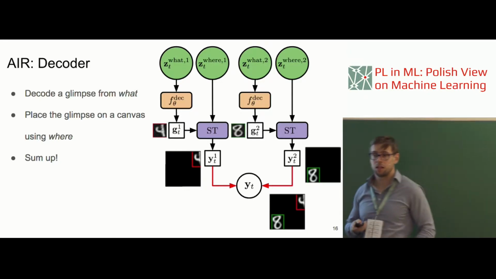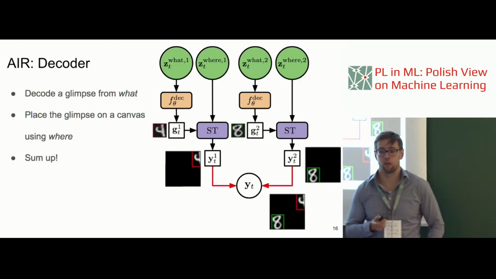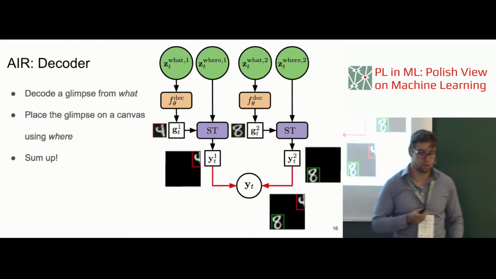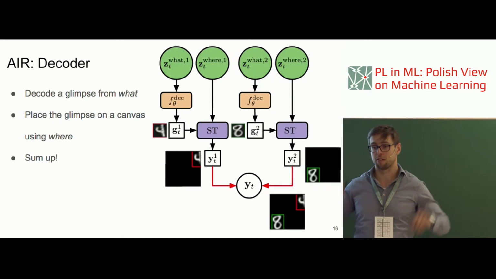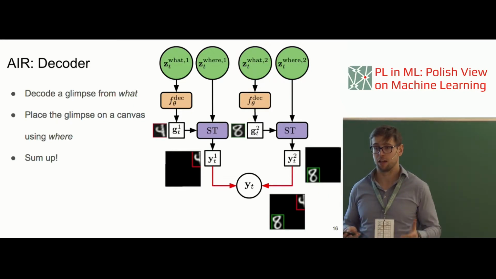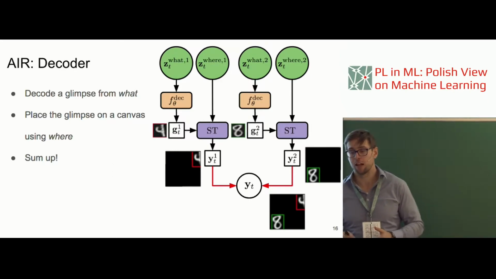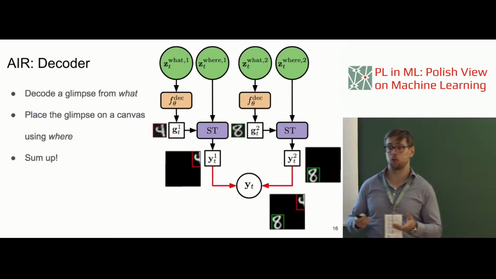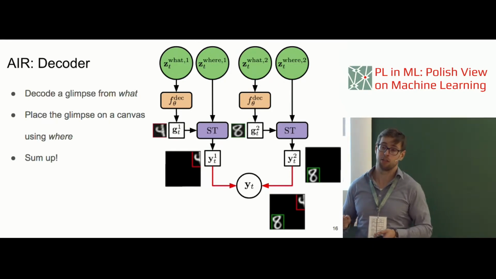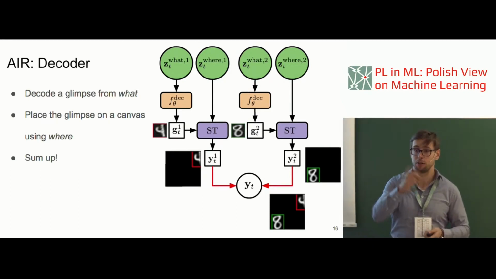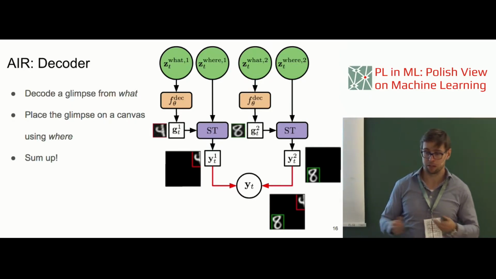Because I thought that "what" is something discrete, like a number, or can you? Sure. So here we have digits, right? You could think that what would correspond just to the class of that image, so basically what number it is. But what you really care about is the appearance. The class itself only tells you about the general shape, but doesn't give you the concrete appearance or all the details.